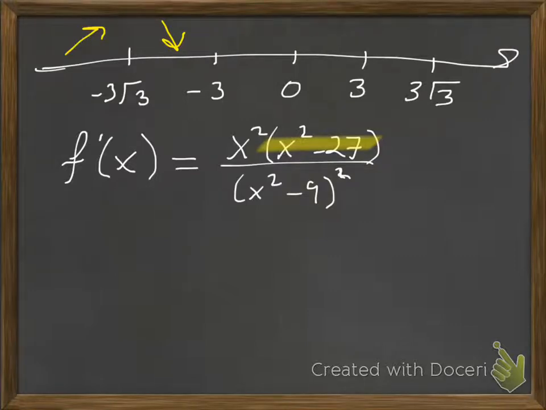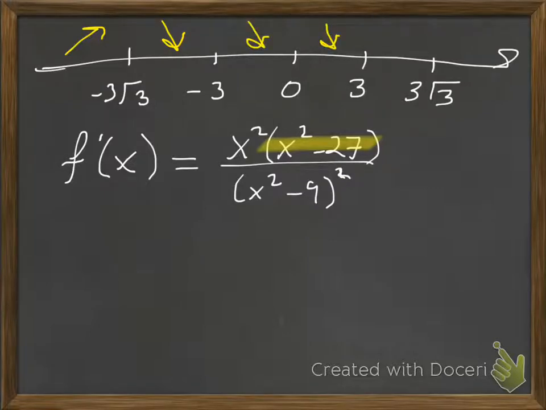So we're increasing from negative infinity to negative 3 root 3. Then if we pick something between negative 3 root 3 and negative 3, for instance negative 5 lives there, 25 minus 27 is negative, so we're decreasing from negative 3 root 3 to negative 3. Then pick somebody between negative 3 and 0, like negative 1. Negative 1 squared minus 27 is negative 26, so that's negative, so we're decreasing between negative 3 and 0.